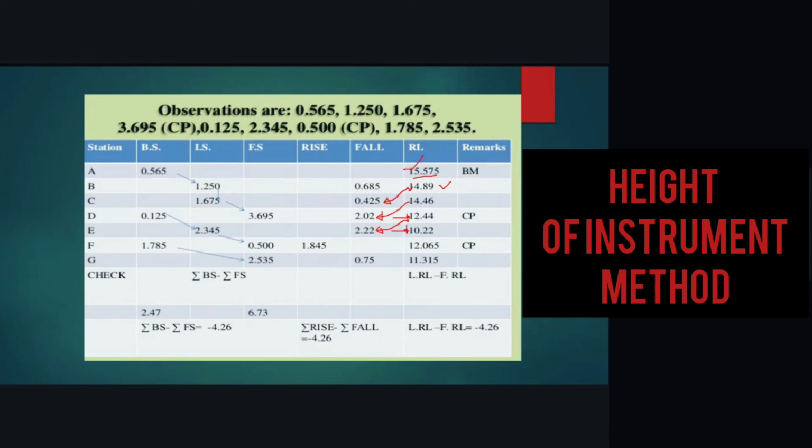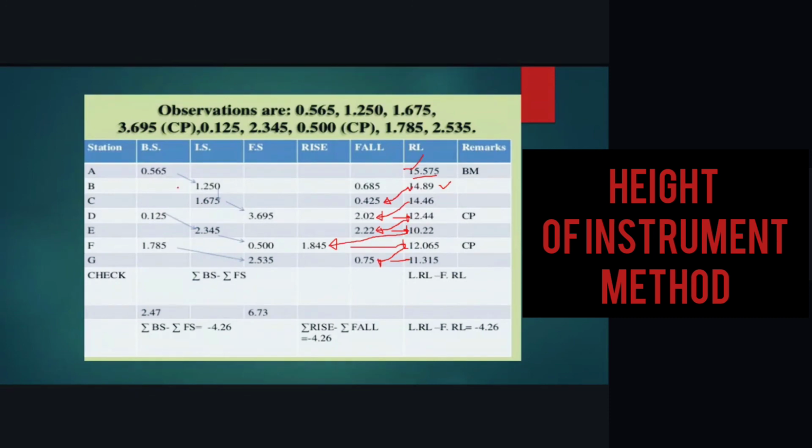So you have to subtract the consecutive numbers from the consecutive numbers. Okay, to 10.22 you are going to add this 1.845 because this is a rise, so you will get 12.065. And from 12.065 you have to subtract 0.75, this is a fall, so you will get 11.315.